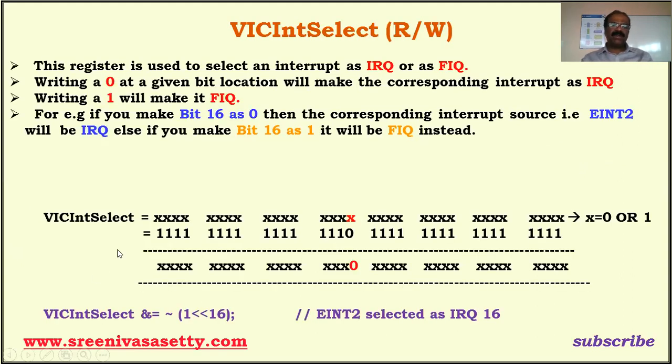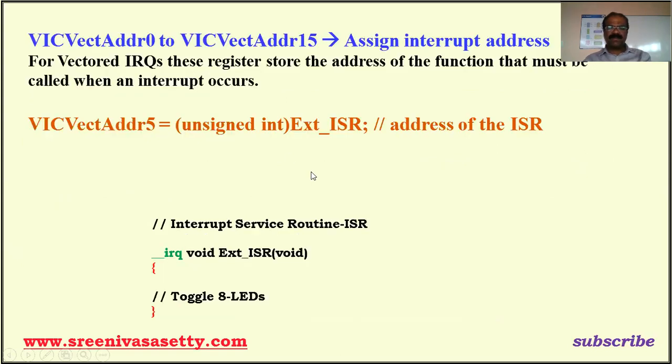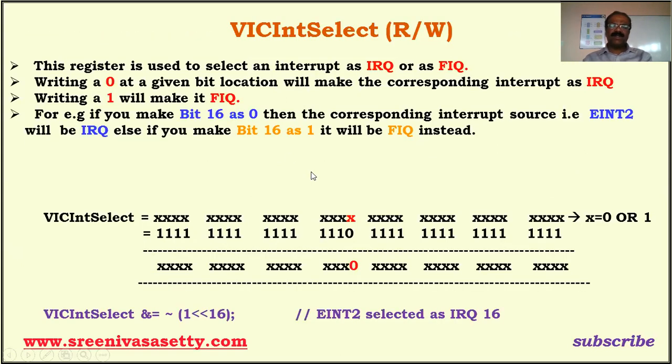Then, I told you already, VIC stands for Vectored Interrupt Controller. Under this, there is a register called the Interrupt Select Register. It's a read-write, 32-bit register. What is the purpose of using this register? Actually, we have two types of interrupt: normal interrupt request and fast interrupt request.